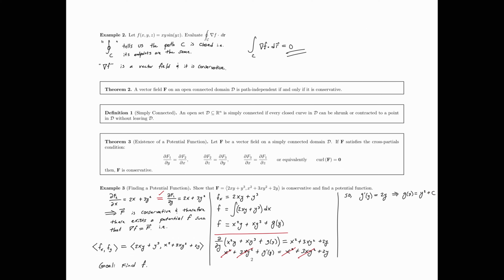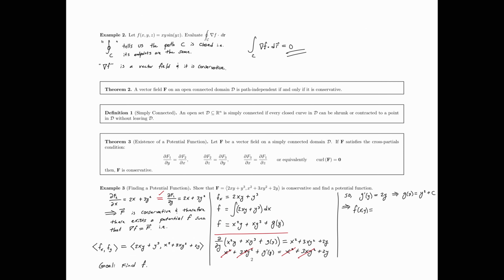So now that we know that, we can again update or refine our potential. So what we would do is we would take our last best version of f and update what we found about g. We now know that g is y squared plus some arbitrary constant. So we can just do that to this.